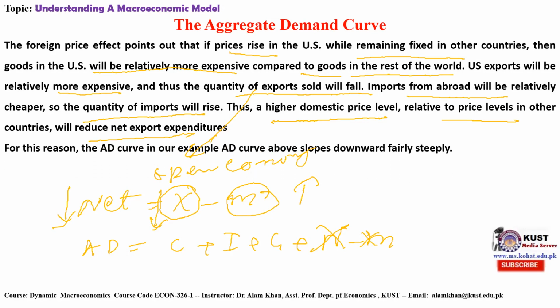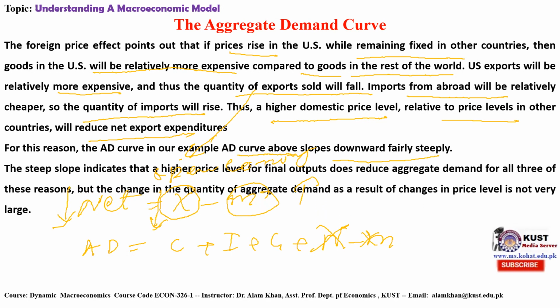For this reason, the aggregate demand curve in our example was sloped downward fairly steeply. The steep slope indicates that a high price level for final output does reduce aggregate demand for all three reasons, but the change in the quantity of aggregate demand as a result of a change in price level is not very large.